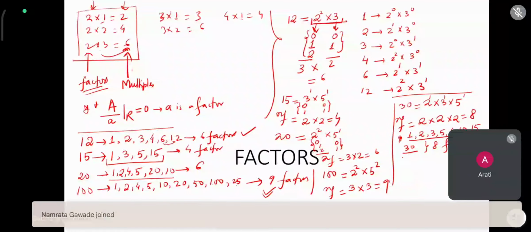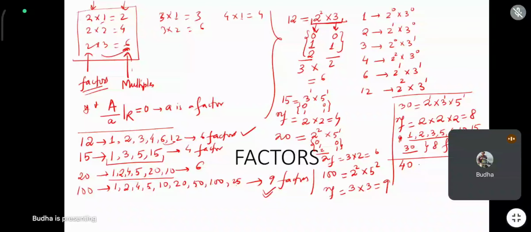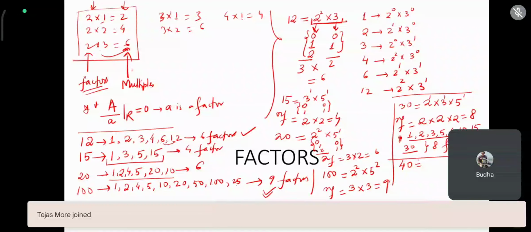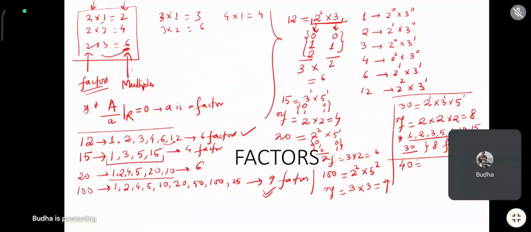So now you tell me how many factors will be there for the number 40. So 40 को कैसे prime factorize करोगे? Something into something. टू क्यूब इंटू 5 मतलब 5 का 1 और 2 का क्यूब.